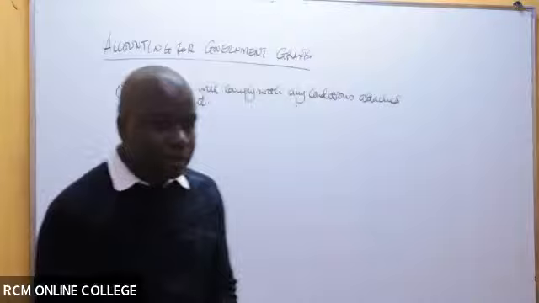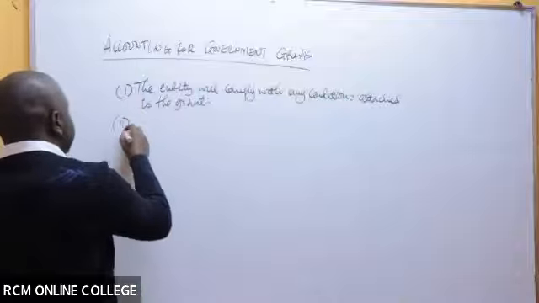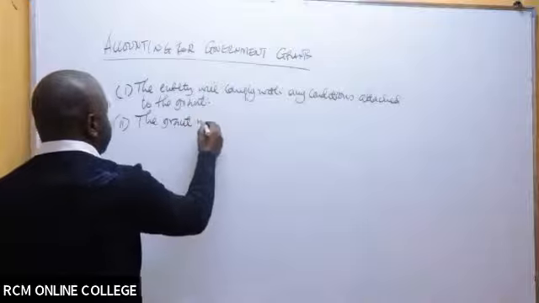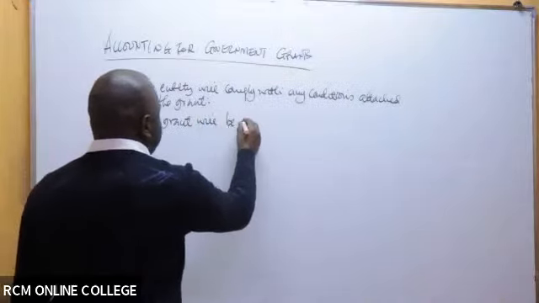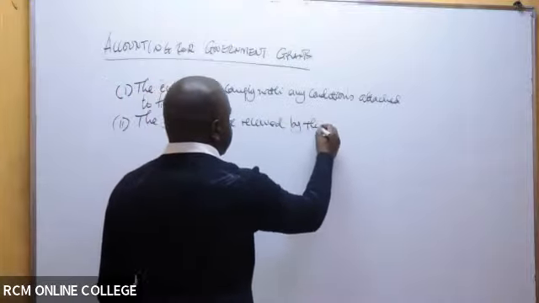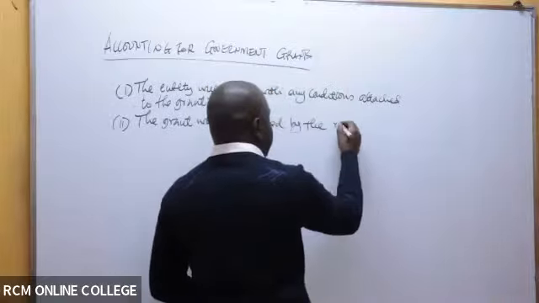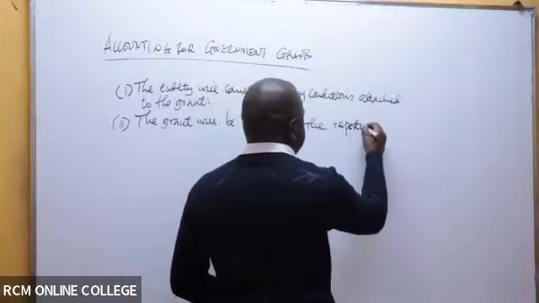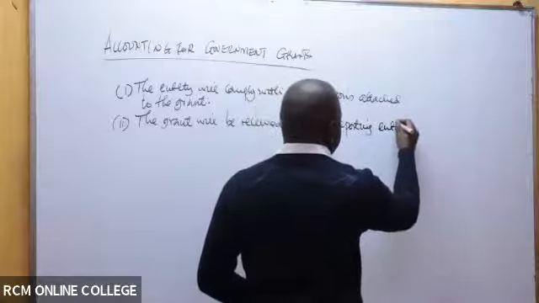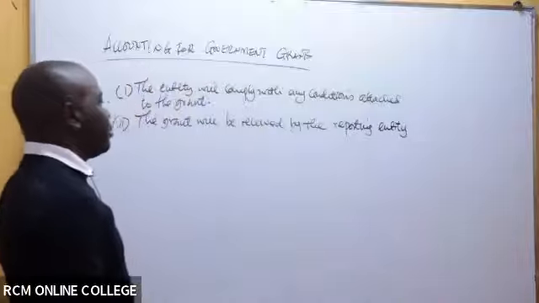Then another condition that should be fulfilled: the grant will be received by the reporting entity. There must be an ascertainment that they will receive the funds.